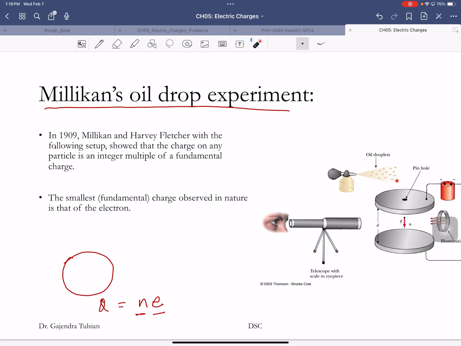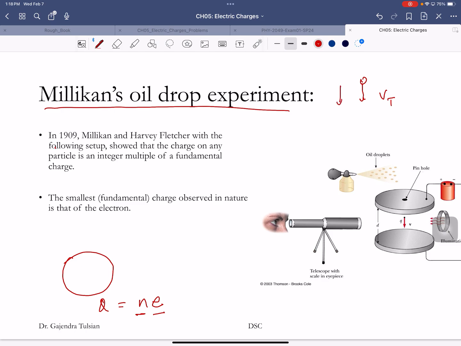And these oil droplets would fall, and they would pretty soon gain terminal velocity. Why do they gain terminal velocity? Why does their speed not keep increasing? Is the air pushing? Very good.